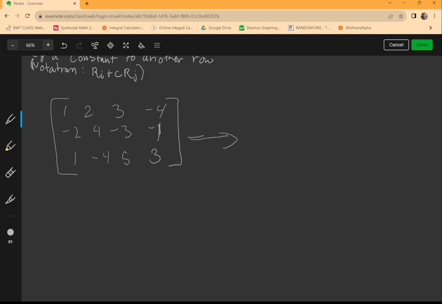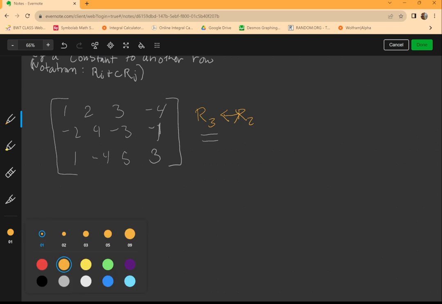So here I want to change this matrix by performing the following row operation. I'm going to interchange R3 with R2. Okay, so by doing that, my new matrix is equivalent, right? These row operations lead us to what is called a row equivalent matrix.